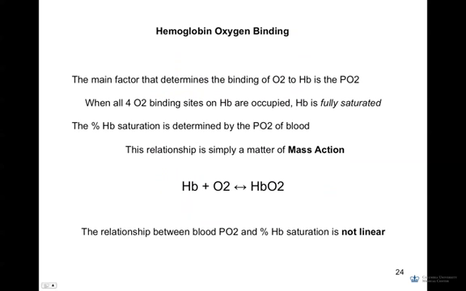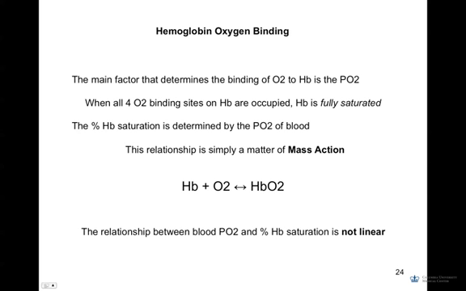The main factor that is going to determine the extent to which hemoglobin binds to oxygen is the partial pressure of oxygen in the plasma. So the PO2 of plasma is going to be the main factor that determines binding of oxygen to hemoglobin.